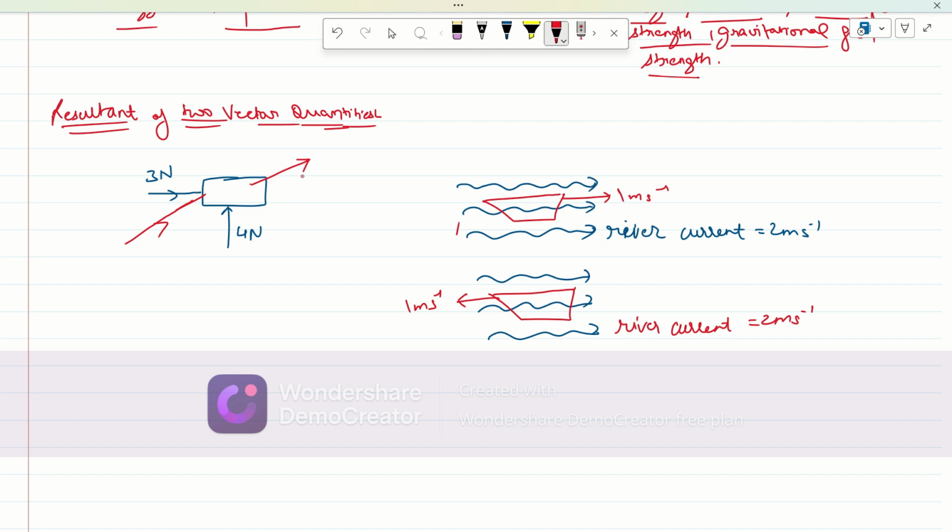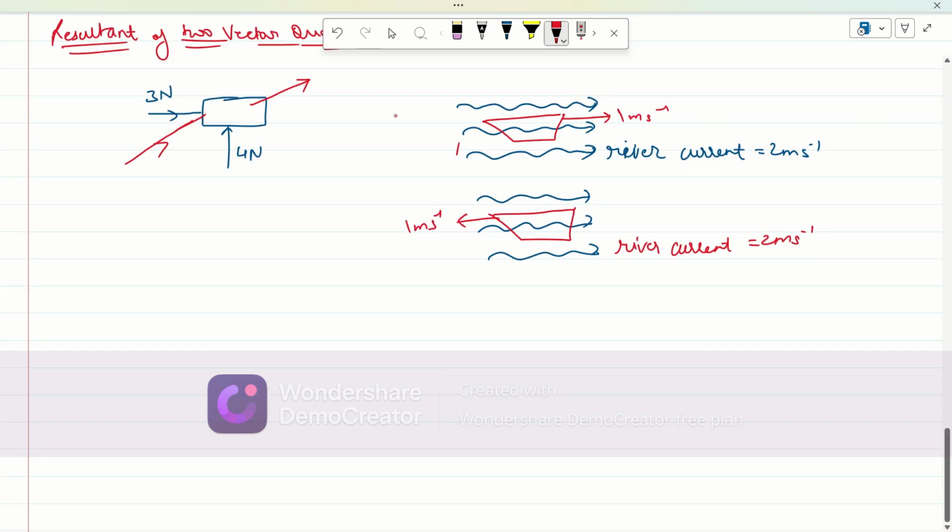Now how to find this resultant? First of all, we will draw the vector triangle. A 3 Newton force is acting in this direction, so I will draw it like this. Now 4 Newton is acting in the upward direction, so I will draw this. This is 3 Newton, this is 4 Newton. Now I have to join these two lines, and this line represents the resultant.